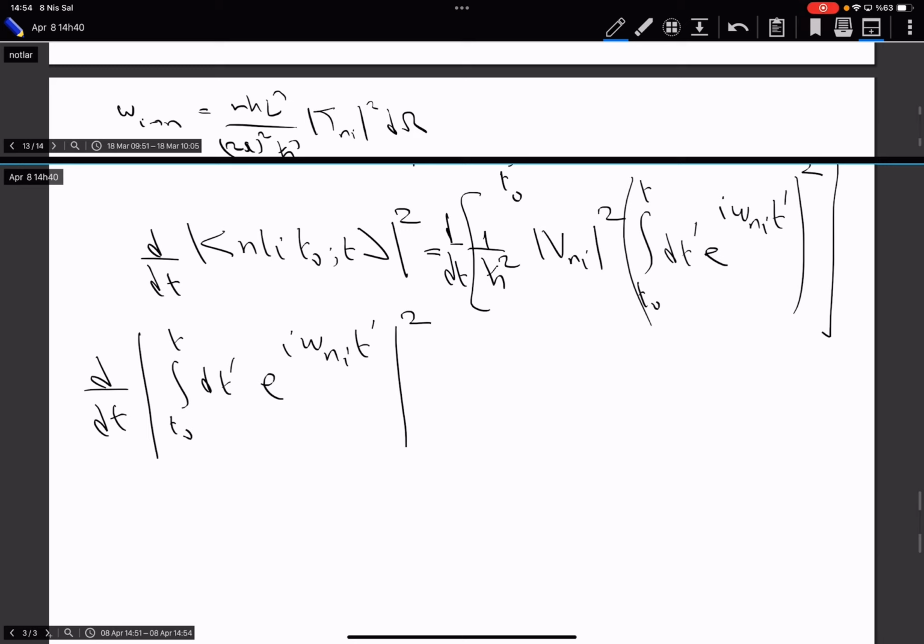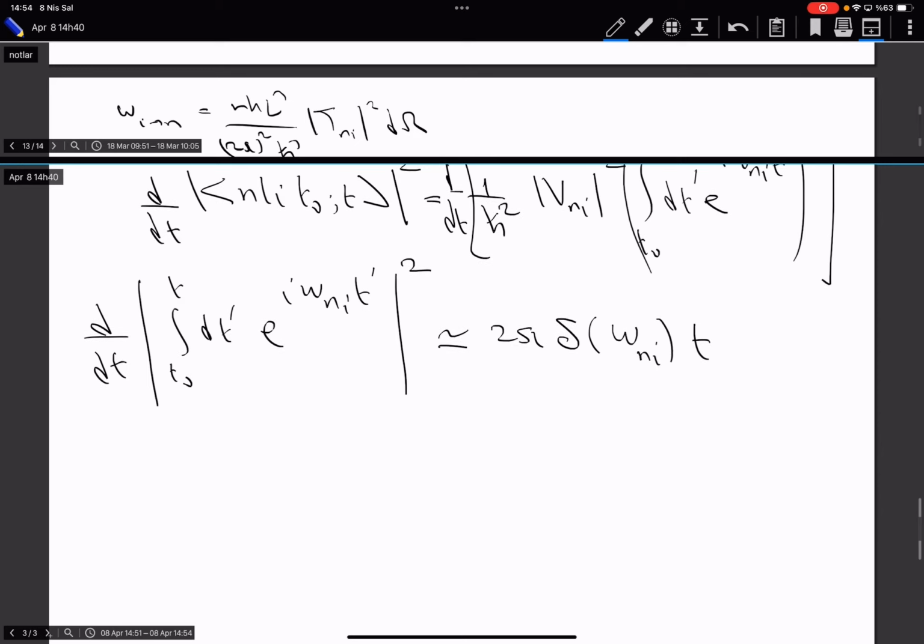And then we said that in the limit of t very large, it's basically a Dirac delta. So for large t, and t0 going to minus infinity, this is 2 pi Dirac delta of omega_ni times t. No, sorry, it is this one. Basically, it's 1.